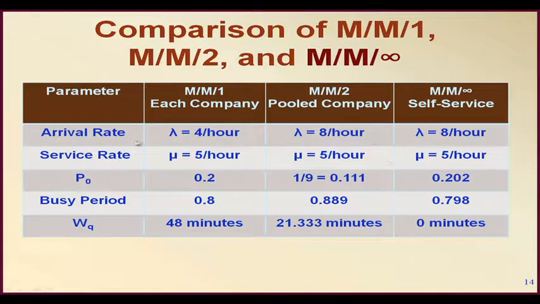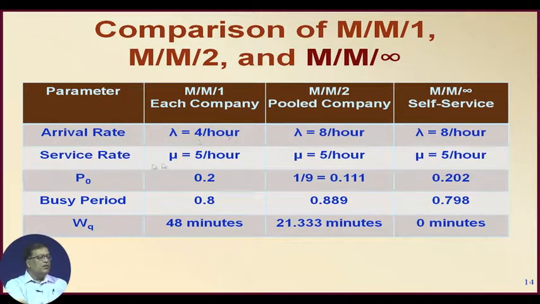So, how do they compare? The arrival rate is 4 per hour, 8 per hour, 8 per hour, and the service rate is 5 per hour in all three cases. P0 is 20%, 11.1% and 20.2%, busy period is 80%, 88.9% and 79.8%, and WQ is 48 minutes, 21.333 minutes and 0 minutes.